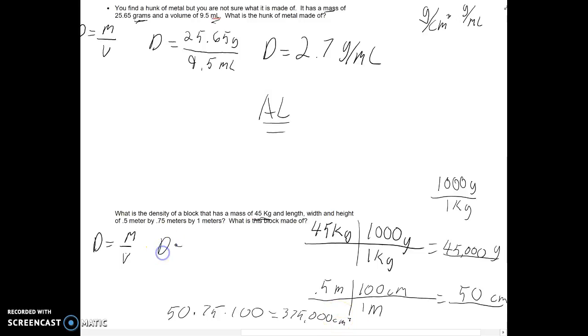So density equals 45,000 divided by 375,000.